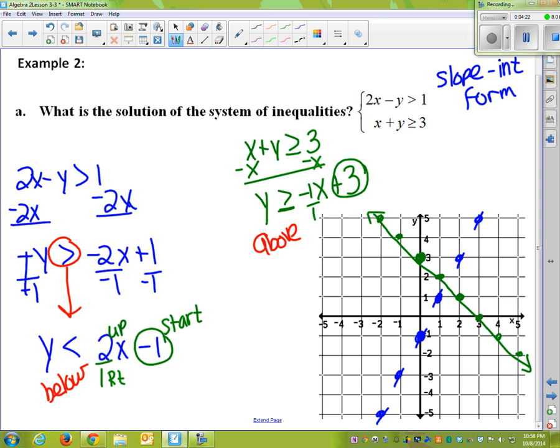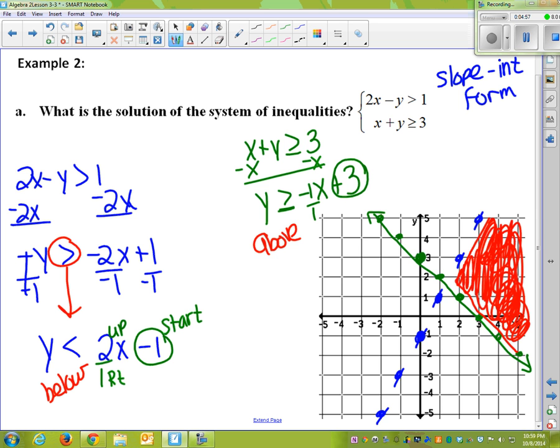Now I can say that I want to shade above the green line and below the blue line. Coming to my graph, I need to stay above the green line, but I don't start shading until I'm below the blue line. And that is the solution to the system of inequalities. Any point within this shaded region is a solution.